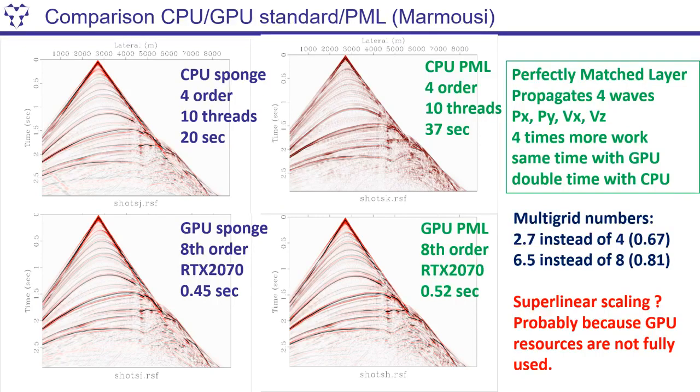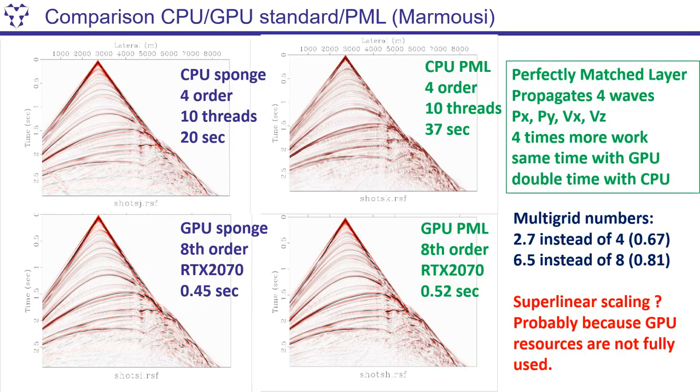Now, this interesting effect that we can increase the complexity without increasing the computational cost also extends to other parts of the implementation, for example, boundary conditions, or when we go from acoustic to elastic. It's because the number of resources in the GPU is larger than we normally use.